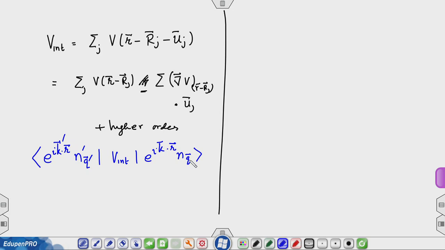Okay. Now, let us take both terms one by one. If I look at the term V r minus r j summed over j, this is a periodic potential.